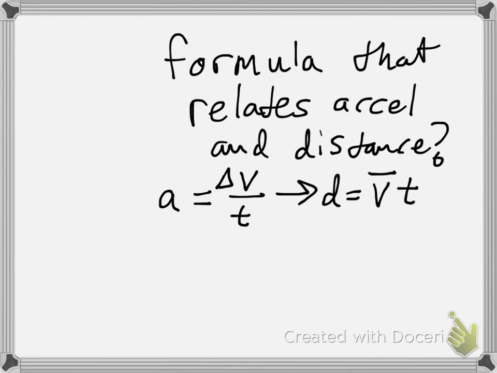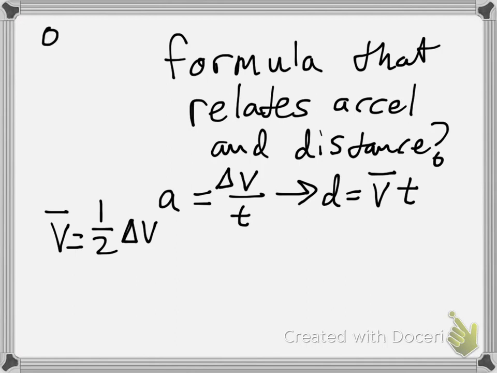Well, the key is to notice that the average velocity is going to equal 1/2 the change in velocity. Okay? And again, this goes back to what we were just doing.